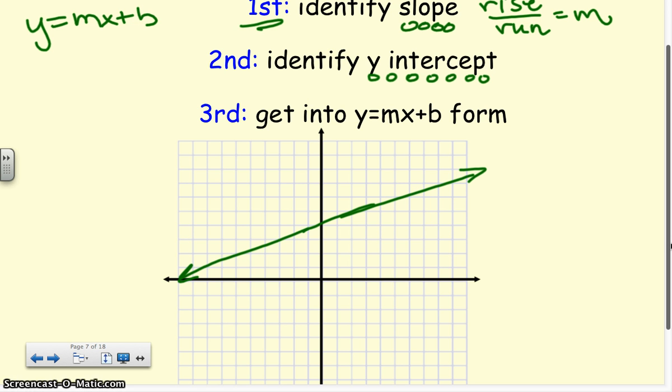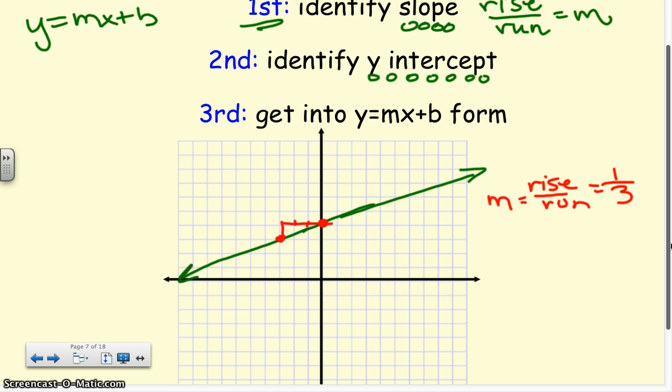I'm not given 2 points, so I want to find 2 perfect points. It looks like this is a perfect point, and it looks like this is a perfect point. So I need to find out what my rise over run is. It looks like I went up 1, and then I went over 1, 2, 3. So my slope is 1/3.